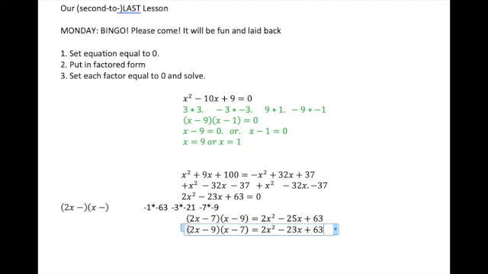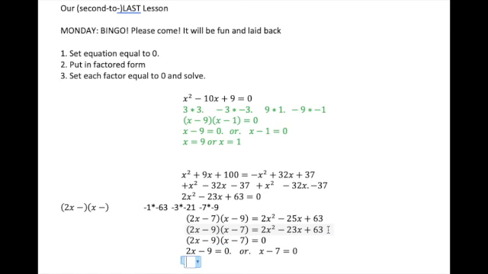So, this is what we're looking for. 2x minus 9 and x minus 7 is equivalent to 2x squared minus 23x plus 63. We've got to solve that equals 0, which means 2x minus 9 equals 0, or x minus 7 equals 0.